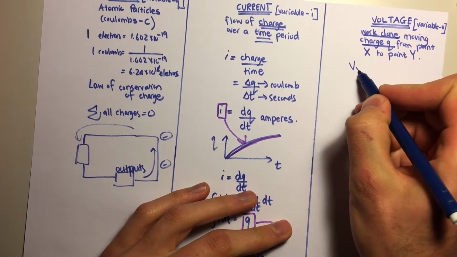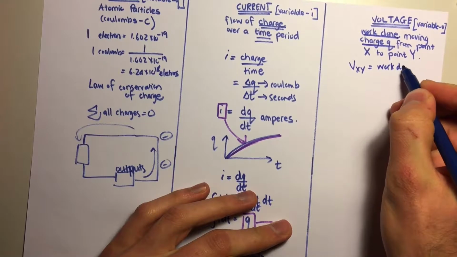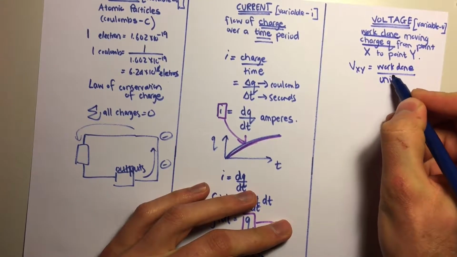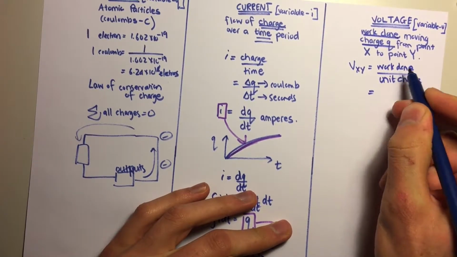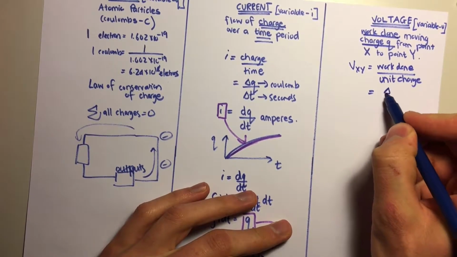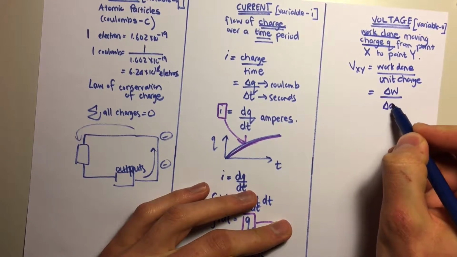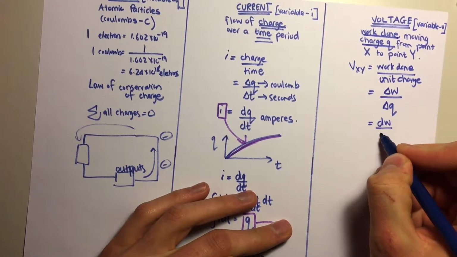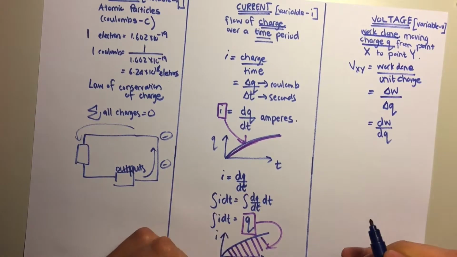Well, the voltage XY is equal to the work done for some unit of charge Q. We define work done as W over change in Q. You can also rewrite this as a derivative of the work done with respect to Q.